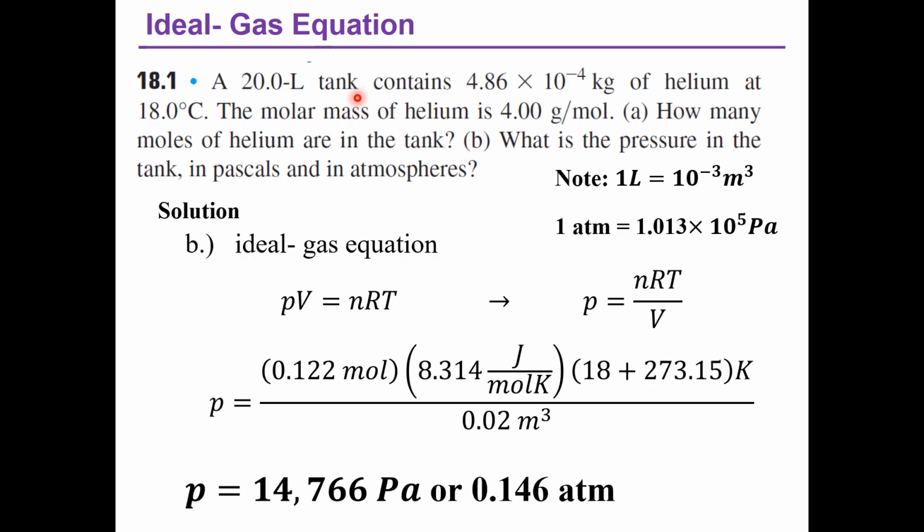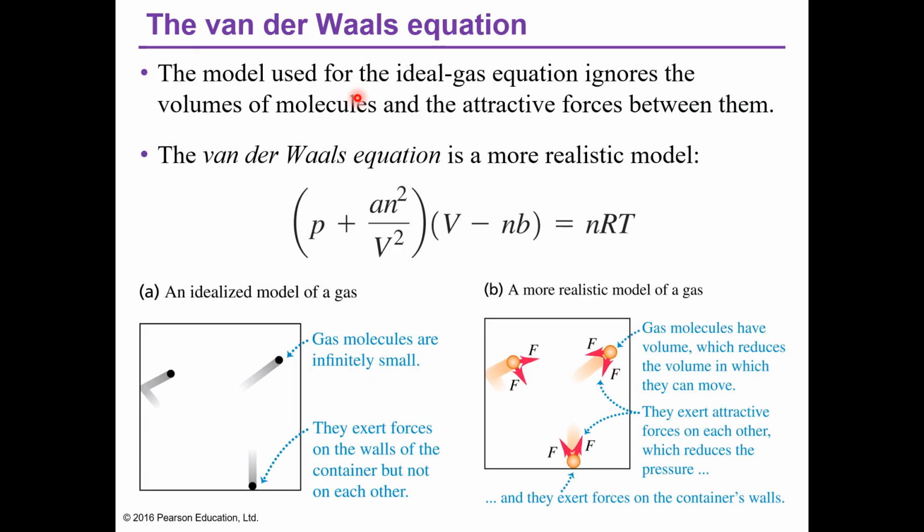In the ideal gas, they do not consider how big the size of your molecule is. So, they do not consider the volume of your molecules. Also, they do not consider the intermolecular forces between molecules. That is why we have the van der Waals equation, to add these two terms: the term for the volume of molecules and the term for the attractive forces between these molecules.